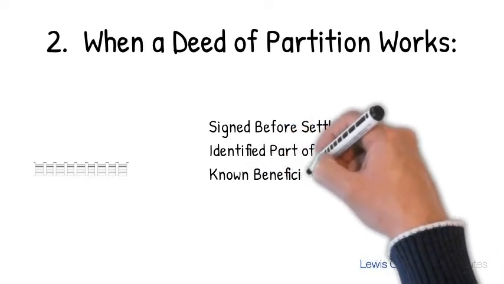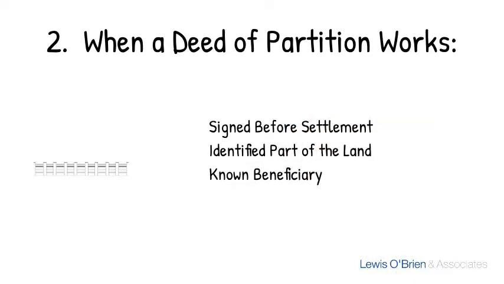We need to know exactly who the beneficiary is, that is, who's going to receive the identified part of the land. And we also need to identify that land very carefully. Generally, that means we need, if not a draft plan of subdivision, something fairly close to it so we can identify accurately with measurements which part of the land is going to be transferred to the beneficiary.